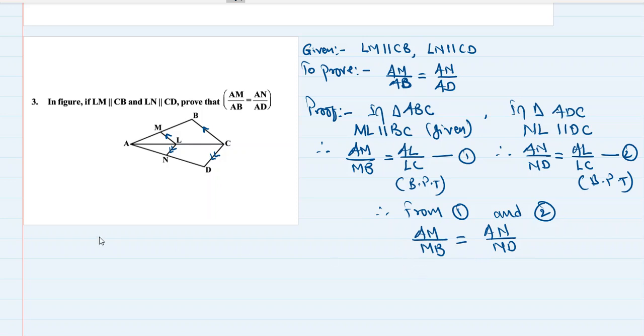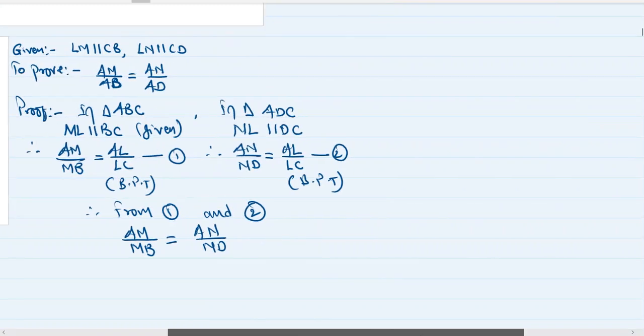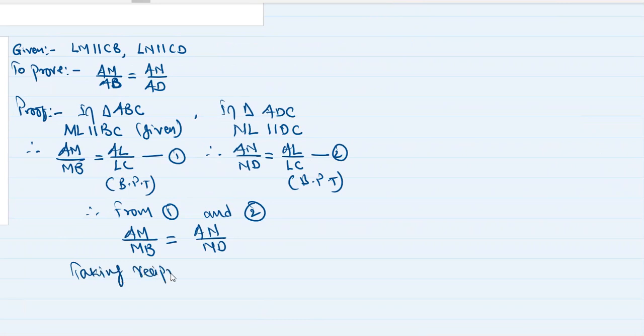First, we'll take a reciprocal. So I'm going to take some space. Taking reciprocals on both sides, we have MB upon AM is equal to ND upon AN.